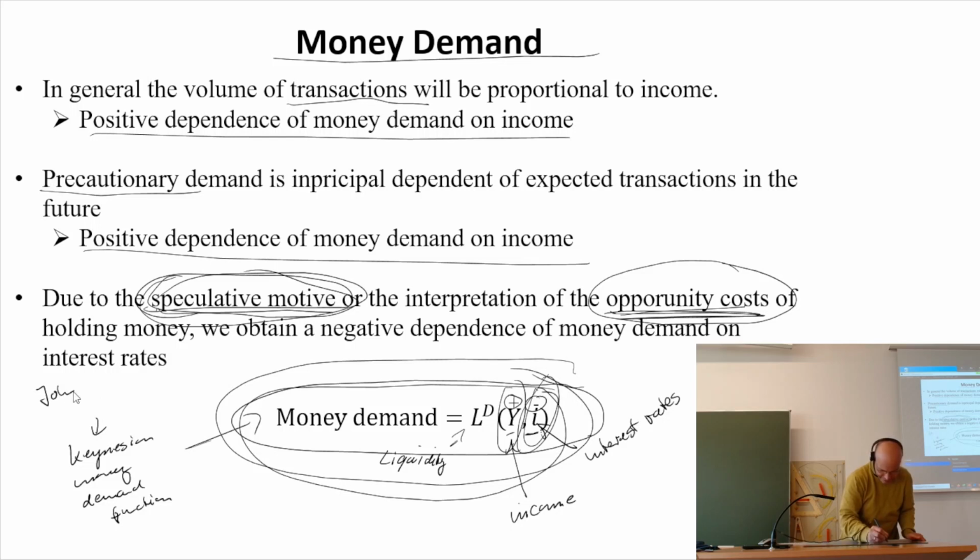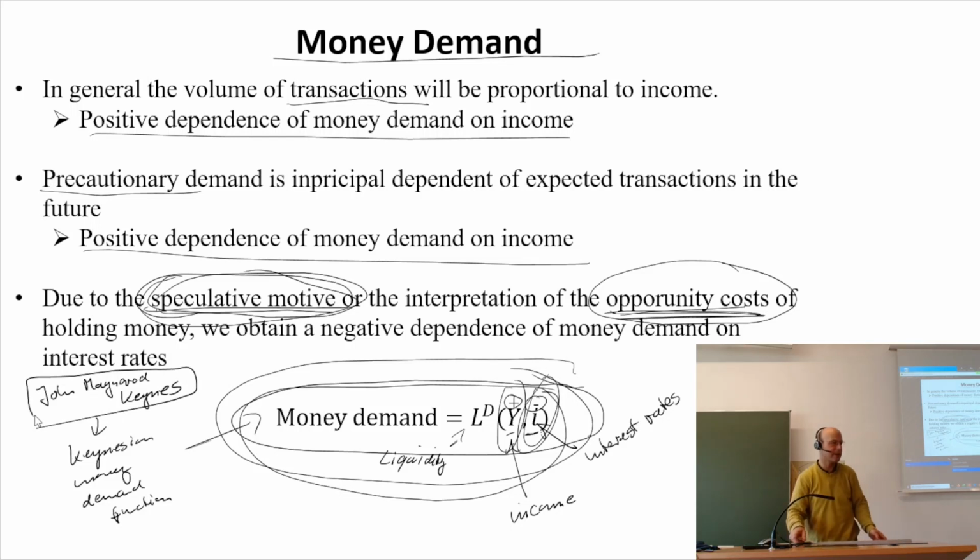This is John Maynard Keynes. About him we will talk when we get to theory. This was maybe the most influential economist at the beginning of the 20th century.